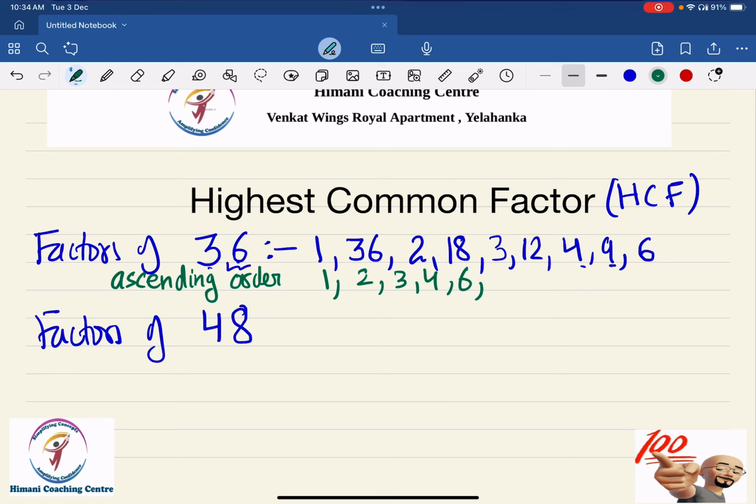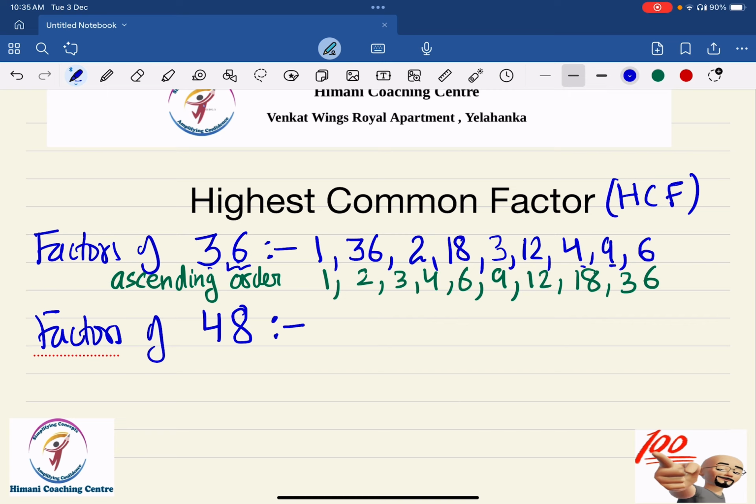So we have written 1, 2, 3, 4, 6. Then 9 comes, then 12, then 18, and then 36. These are the factors of 36 in ascending order.